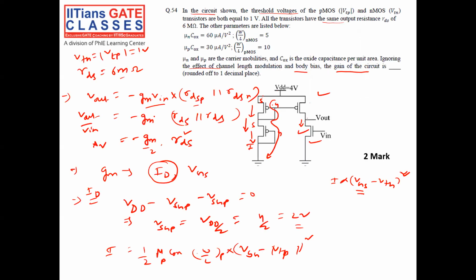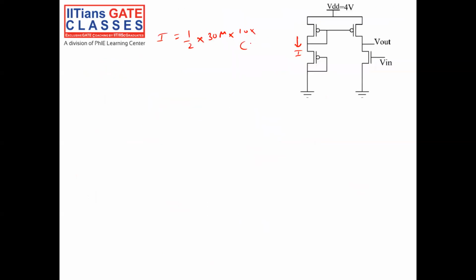VGS is 2 volt and VTH is 1 volt, so 2 minus 1 whole square. So how much does it give, guys? The 2 gets cancelled, and 5 into 30 gives 150 microampere. So the current here is 150 microampere.